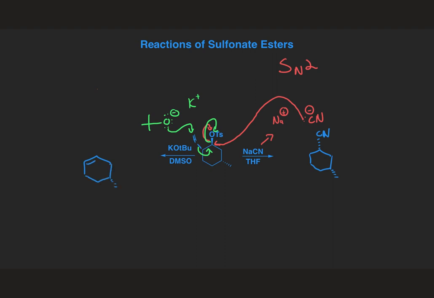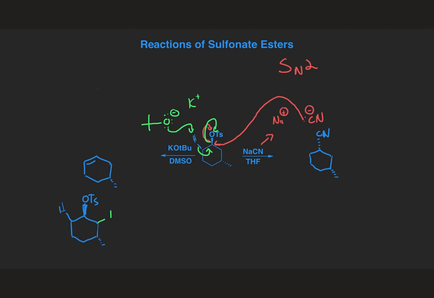That methyl group's configuration wasn't changed, and so it's still going back into the page. There's also a different hydrogen that could be plucked off, and so I'm going to redraw this molecule so it's a little easier to see. In the last example, we deprotonated this hydrogen.